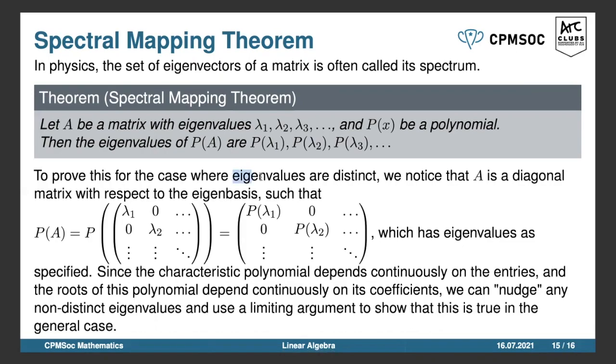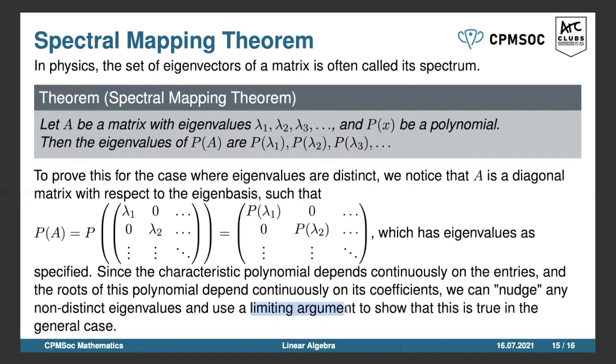And when the eigenvalues are not distinct, like we said before, it's not a formal argument, but because the set of matrices with distinct eigenvalues is dense in the set of matrices in general, that is, for any matrix with non-distinct eigenvalues, there's a matrix very, very close to it that does have distinct eigenvalues. Because of that, we can make a continuity argument.